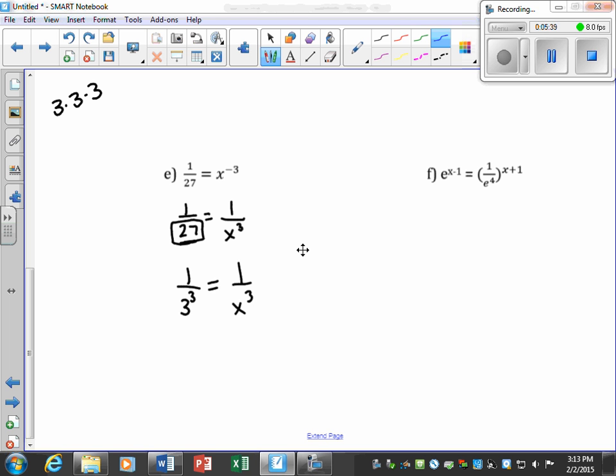And now, can you look to tell me what x is equal to in our particular problem? What's x equal to? You see that everything else matches. The 1 equals the 1. It's to the third power. It's saying what to the third power. So we just simply pull that down and say 3 is equal to x.